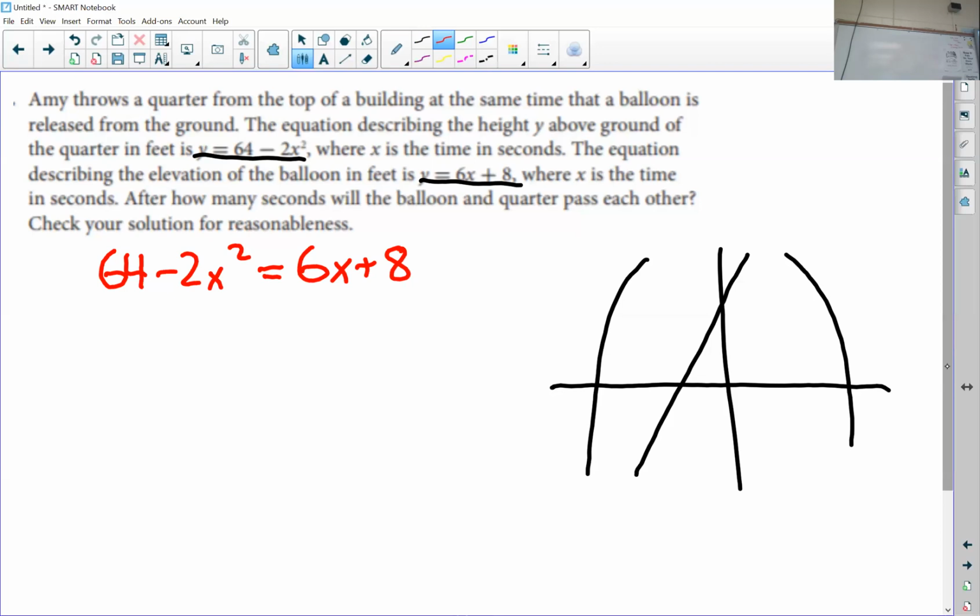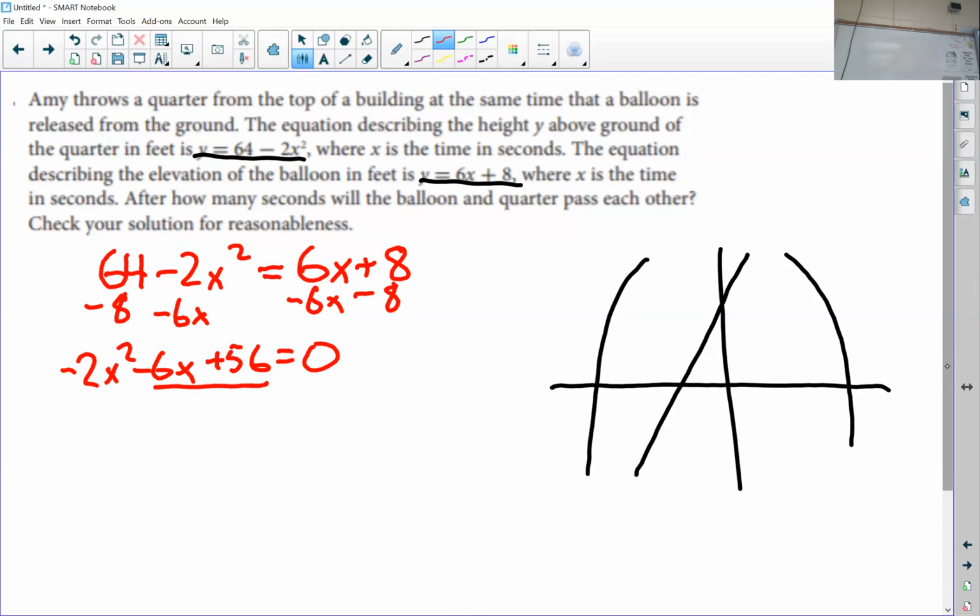Now I'm going to get everything on one side: negative 2x squared minus 6x plus 56. What's 64 minus 8? I'm all about making my job easy, so what can I do to help myself here?